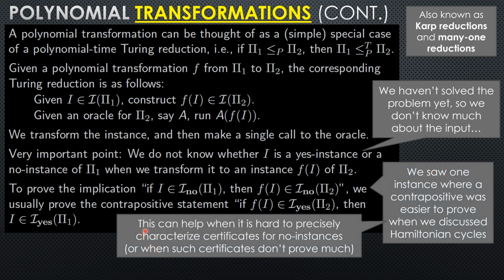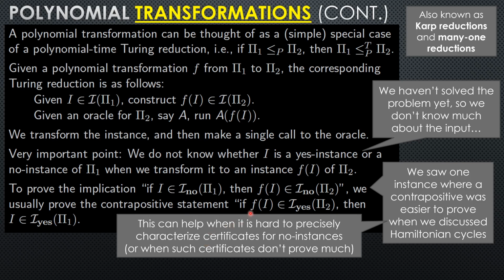In particular, when we're talking about these problems in NP, and we're talking about yes certificates and no certificates, if you remember, with yes certificates, you have something very concrete to latch onto, but the no certificates returned by an oracle can be any old arbitrary garbage, or they could look almost exactly like a yes instance. So you don't necessarily learn a lot from a no instance, but you often learn quite a bit from a yes instance.